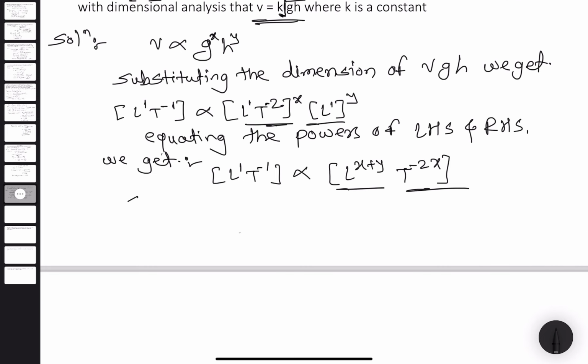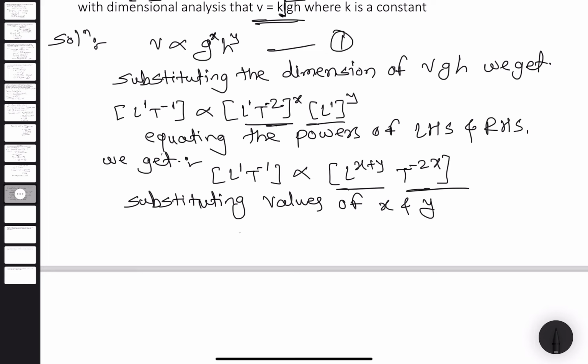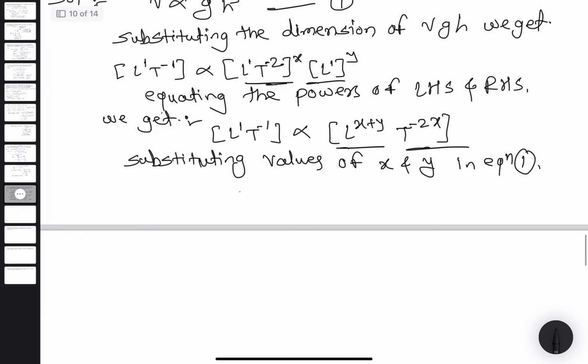Now substituting values of x and y, if you consider this as the first equation, we get x plus y is equal to 1 and minus 2x is equal to minus 1.